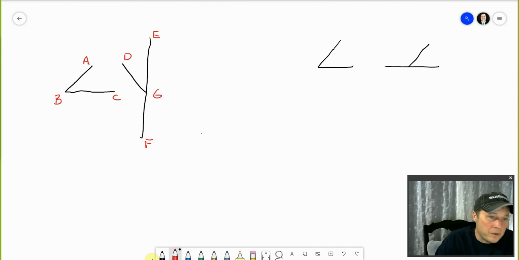So I want to know the value of some angles here. This is angle 1, and this is angle 1 in here. Angle 1 here. And this is angle 2.